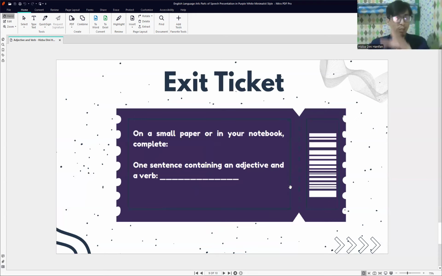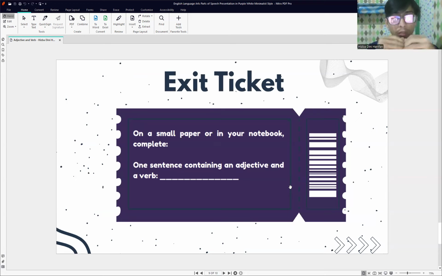Okay, here's your exit ticket. Before I conclude today's lesson, on a small piece of paper, or in your notebook, please complete one sentence containing an adjective and a verb. Just a sentence, okay? A normal sentence, which has a verb and adjective inside of it.